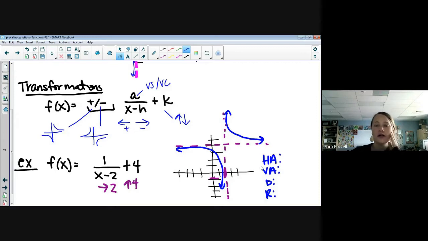It's at 4. So our horizontal asymptote is the line y equals 4. Y equals lines go straight across. Our vertical asymptote, what is its number? 2, and it's an x value, so x equals 2. It goes through the x value of 2, up and down.